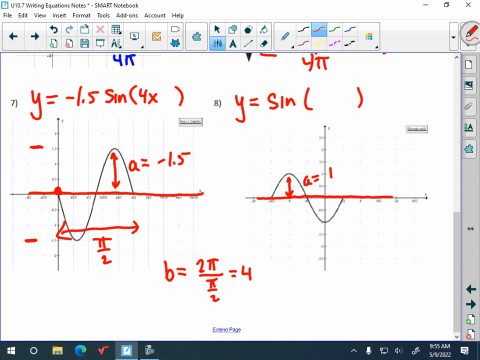What is it? 2 pi, yeah. This is negative 3 pi over 2 here, and this is positive pi over 2. So the distance from here to here is 3 pi over 2 units, plus another pi over 2. So 3 pi over 2 plus 1 pi over 2 is 4 pi over 2, which is 2 pi. So from here to here is 2 pi.